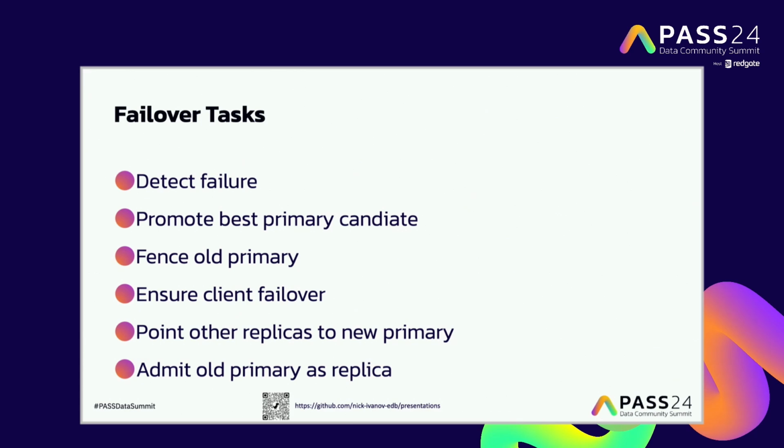So all these things you would need to do, or somebody would. But you don't want a human to do this, because first of all, you wake up in the middle of the night, your RTO would be very low. So you want to automate these things.